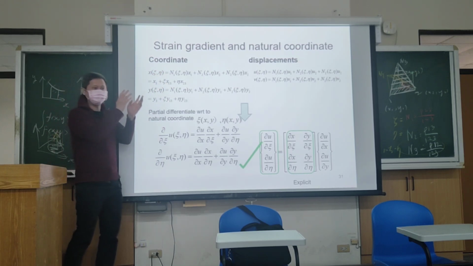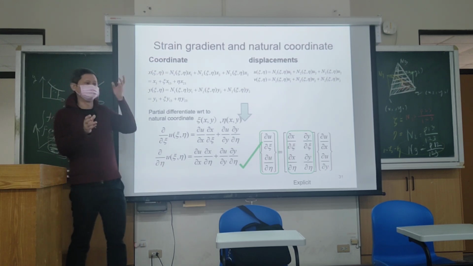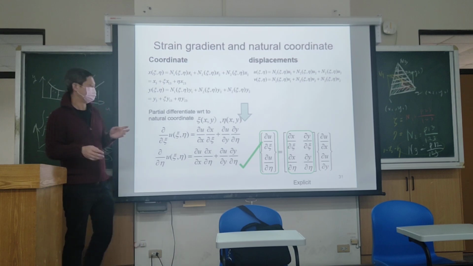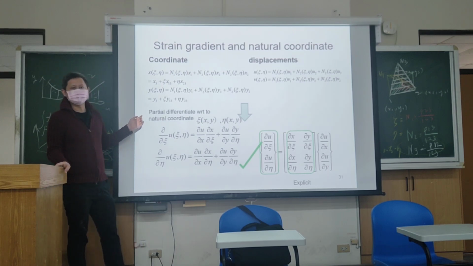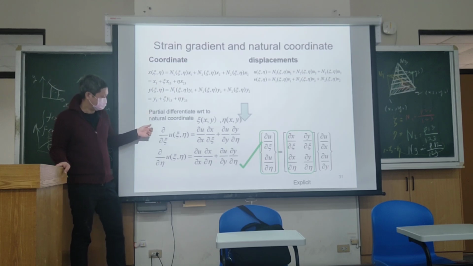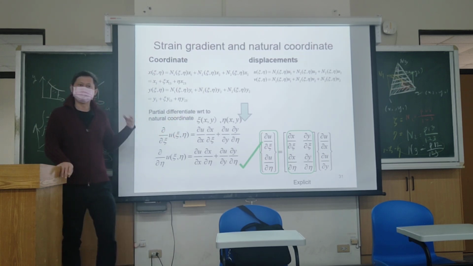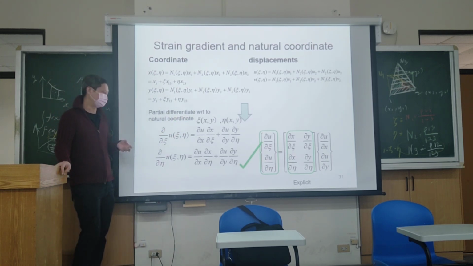Physical coordinate can be 1 to 5, but now natural coordinate can only be between 0 to 1. Okay, so now your physical gradient can be re-expressed as natural gradient. Of course, you've got to pre-multiply it with the chain of the natural coordinate to return back your physical gradient.